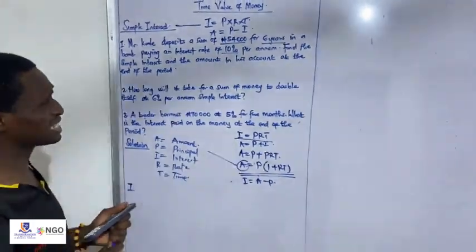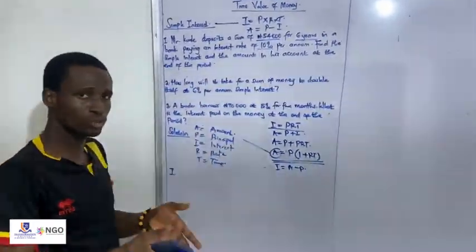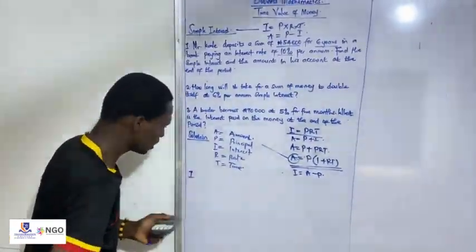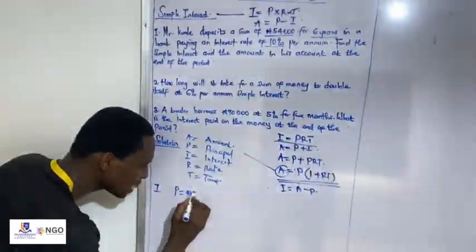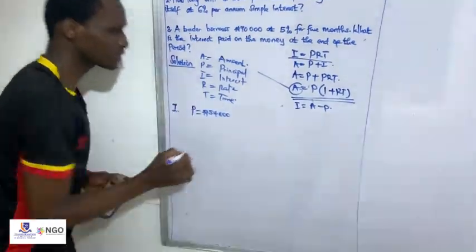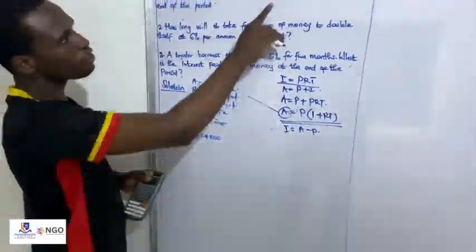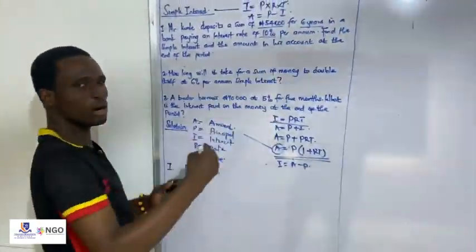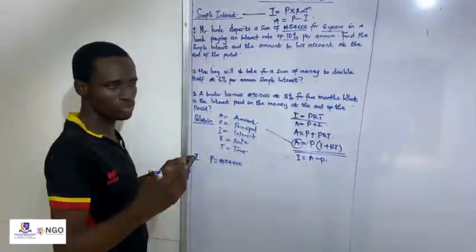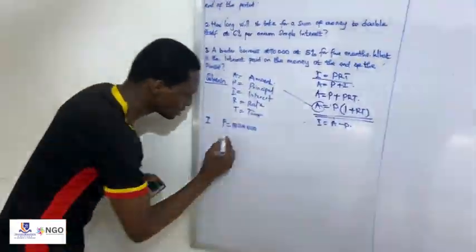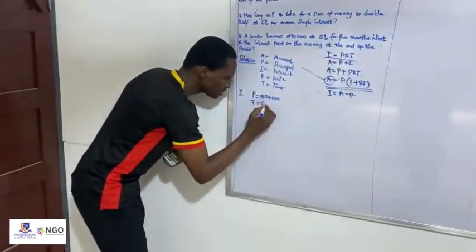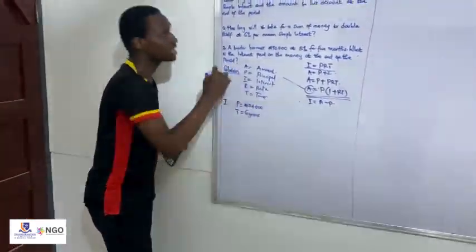The money you have with you at the time of investment is known as your principal. So principal is 54,000. For 6 years, so the number of years the investment is to last is 6 years. So your T is 6 years.